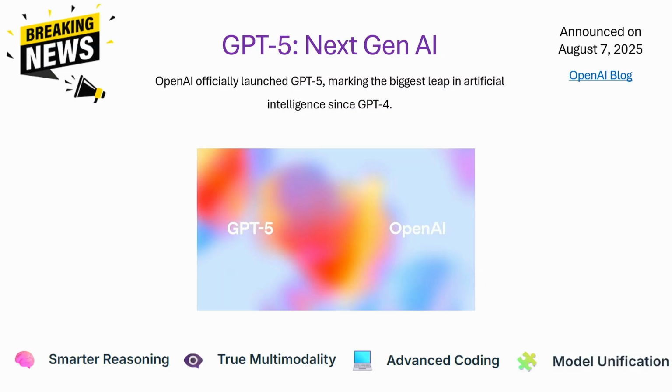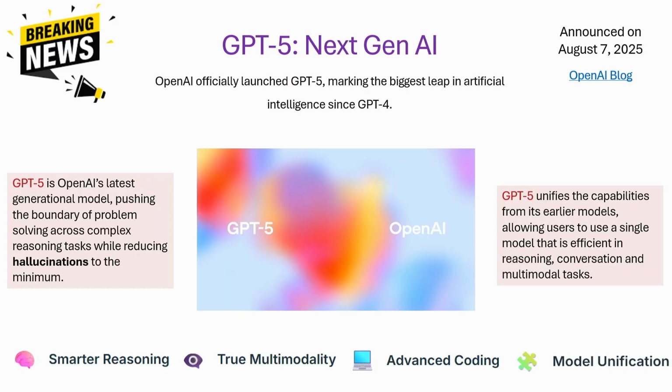But before that, huge news, a very big news, is that GPT-5 came, and I told you at the beginning that I don't know how many new models will come during this course. As the time progresses, maybe new models will come in. GPT-5 came on August 7, and GPT-5 is OpenAI's latest model, which is, according to the CEO, smarter reasoning models, true multimodal, advanced coding, and so on. As usual, they checked the performance of GPT-5 across multiple benchmarks, and benchmark results are quite amazing.